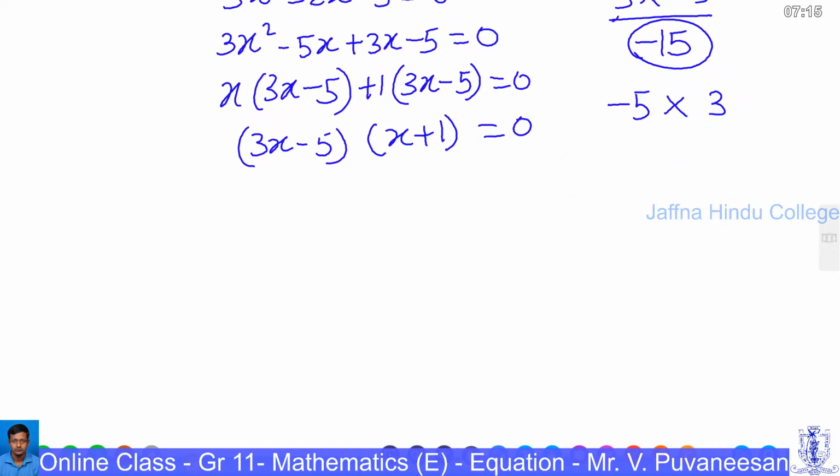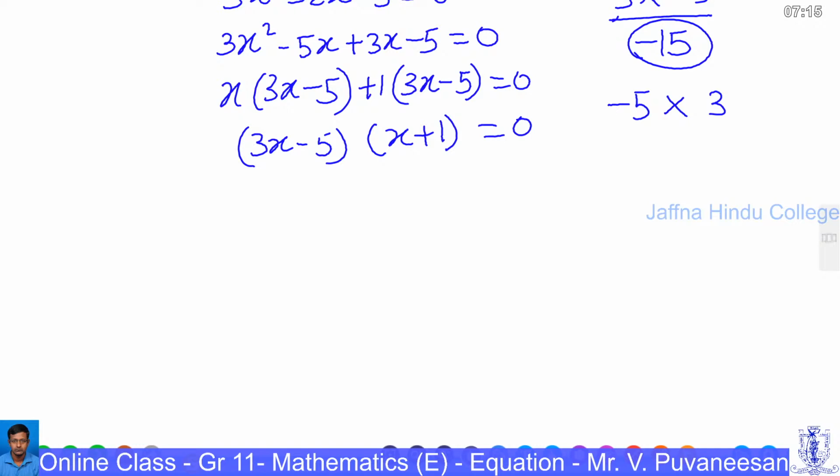Now the question asks: find the roots of the equation. So how do we find the roots? If 3x minus 5 into x plus 1 equals 0, then 3x minus 5 should be 0, or x plus 1 should be 0, or both are 0.